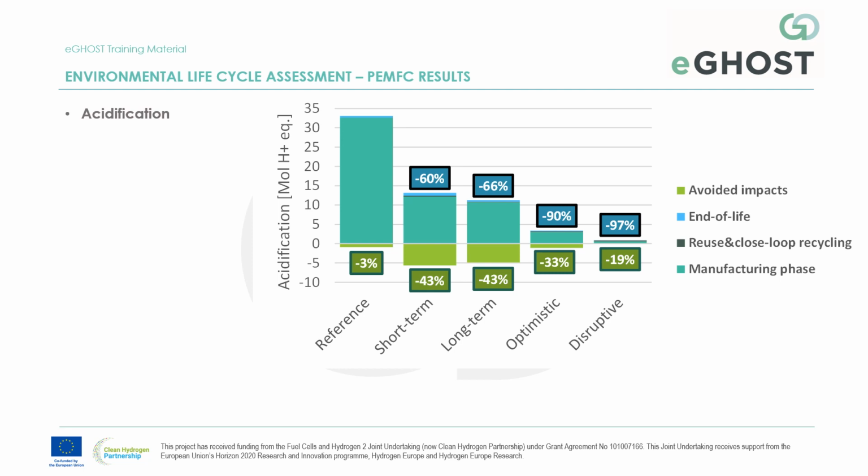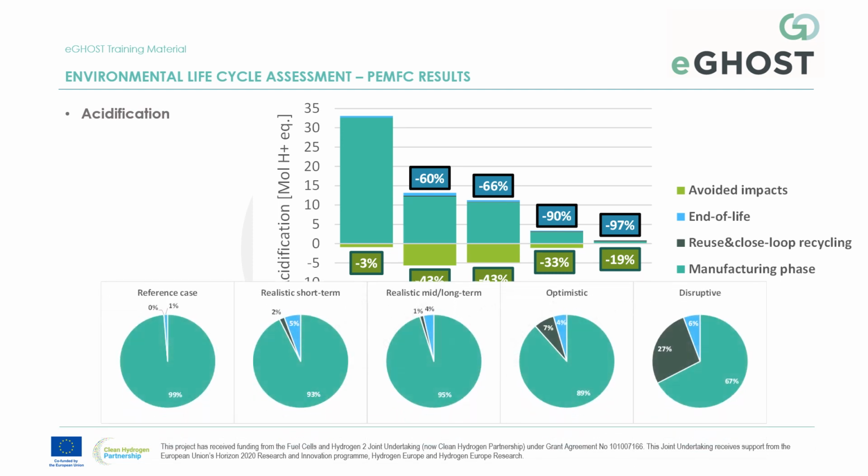As you can see, as I said before, acidification has the highest reductions, and we can also check the relative shares between each life cycle stage. So between the manufacturing phase, closed loop recycling and reuse, and end of life phase.